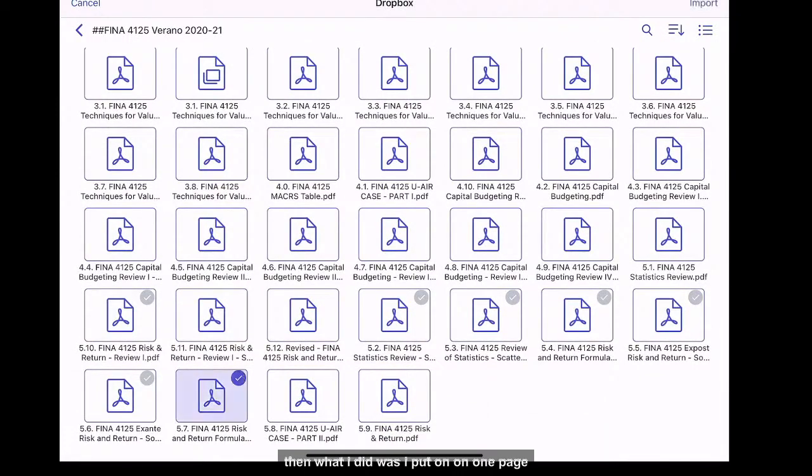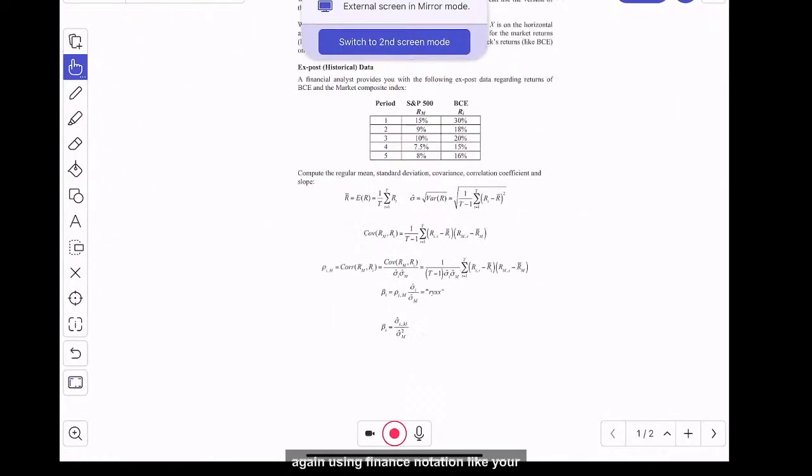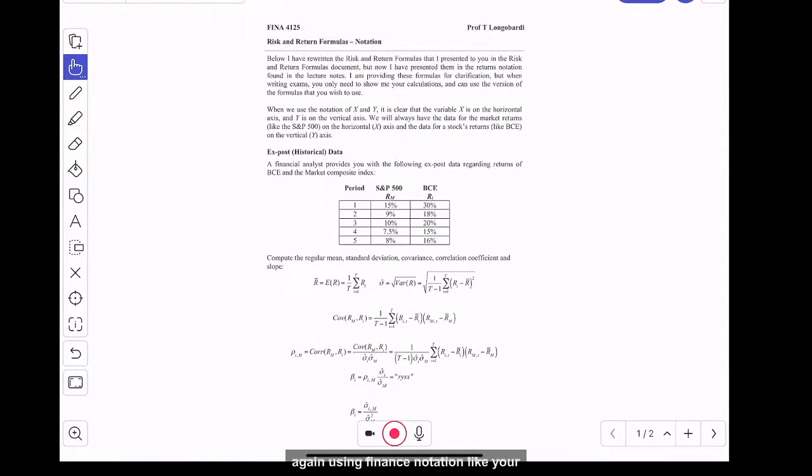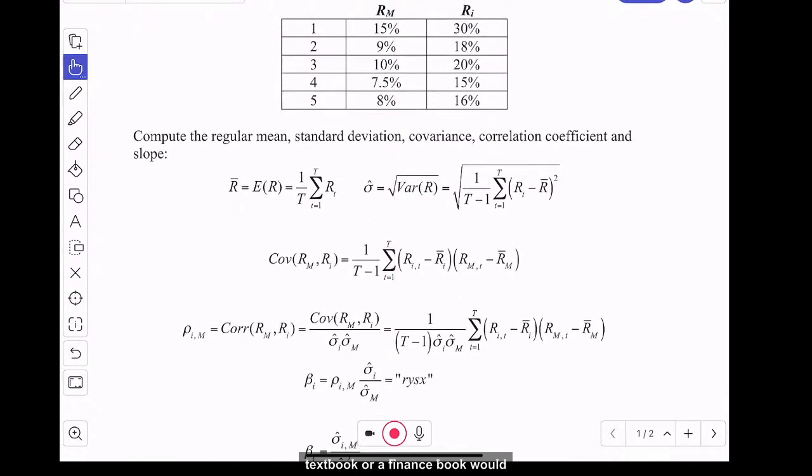Then what I did was I put on one page all the formulas again, using finance notation like your textbook or a finance book would. So these are all the same formulas, but rather than X, I'm putting R for return. And then what I do next with the notes is get into talking about where R comes from. How did these R's get derived?